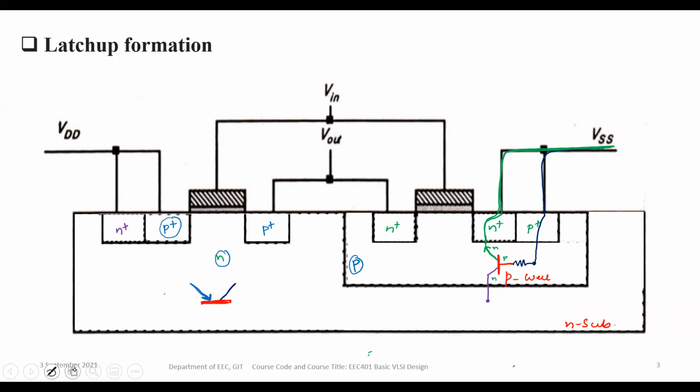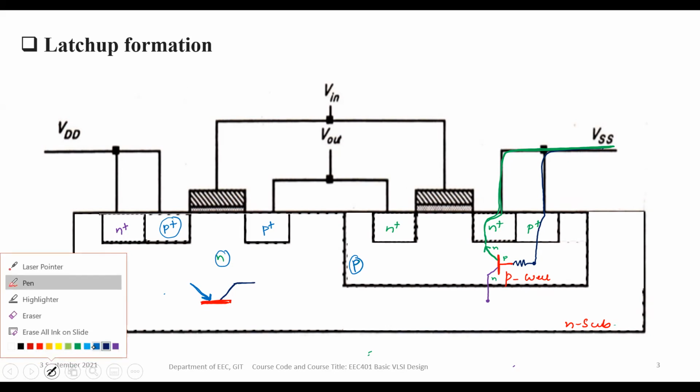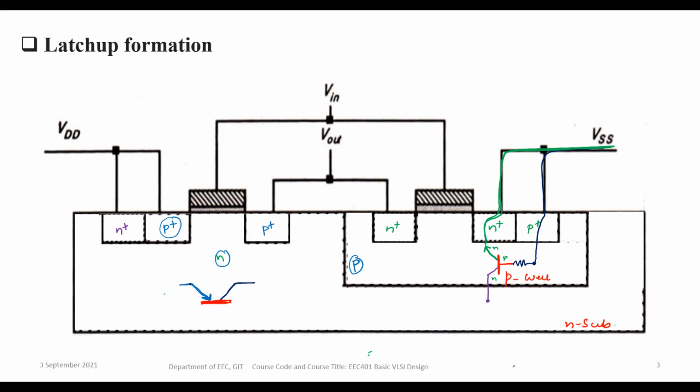Okay, so therefore this is what we observed. This kind of device is observed here. So this is the emitter, right? This collector is connected to the base of this one. Of course, both are p-type only.